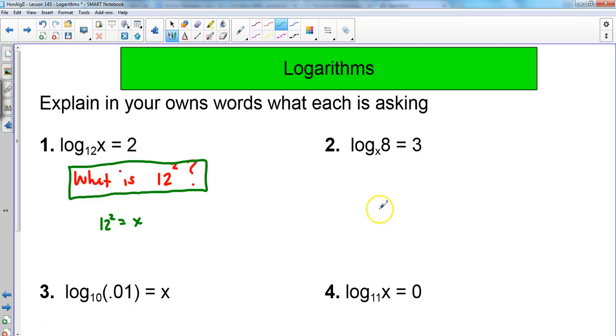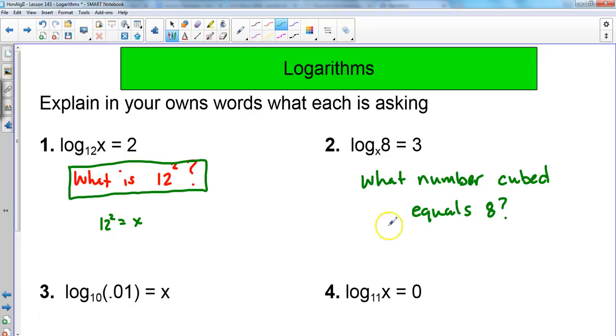In our own words over here, we're going to say what to the third, or what number cubed equals 8. So that's in our own words. So we have x cubed equals 8. Well, we know the answer is 2 because 2 cubed equals 8.